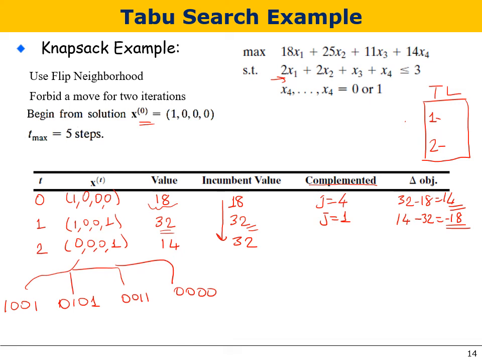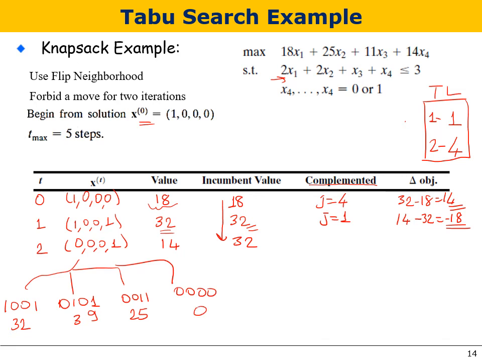So whenever we flipped or complemented the first variable, the previous taboo moves to the next position, and the first taboo enters the list from the top. Okay, now this first solution is feasible with an objective function value 32. The second one is feasible with an objective function value of 39. The third one is feasible with an objective function value 25, and the last one feasible with objective function value 0.